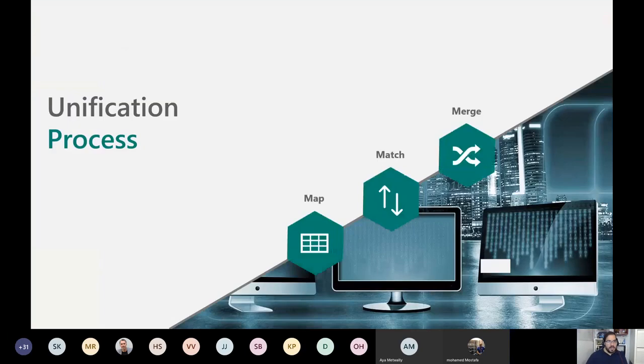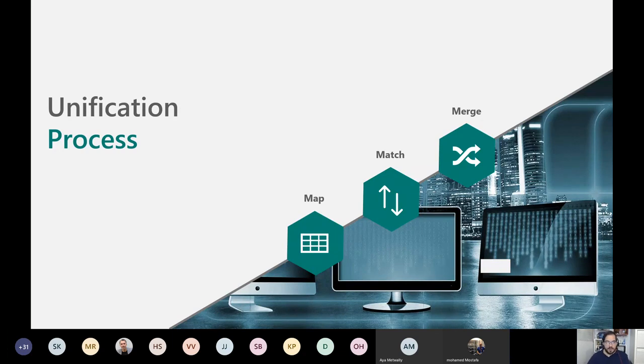The process continues with the unification process, and there are 3 steps. They are the 3 M's: the mapping, the matching, and the merging. What are we doing with the mapping? Well, we identify on each entity, for the customers entity, which is the primary key.